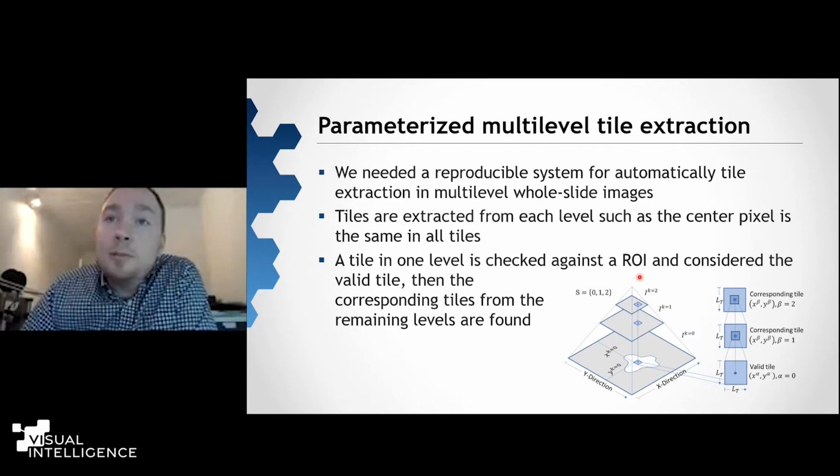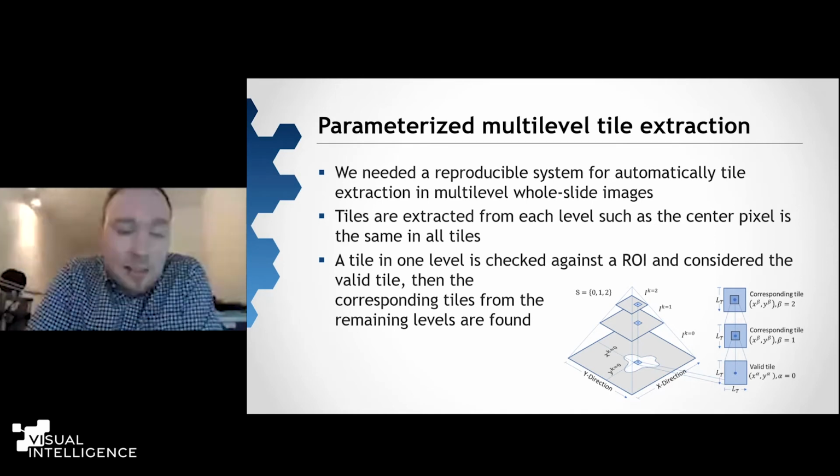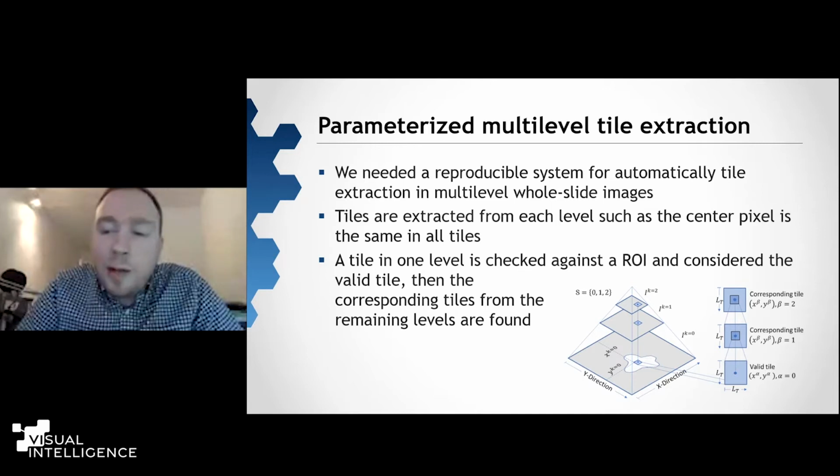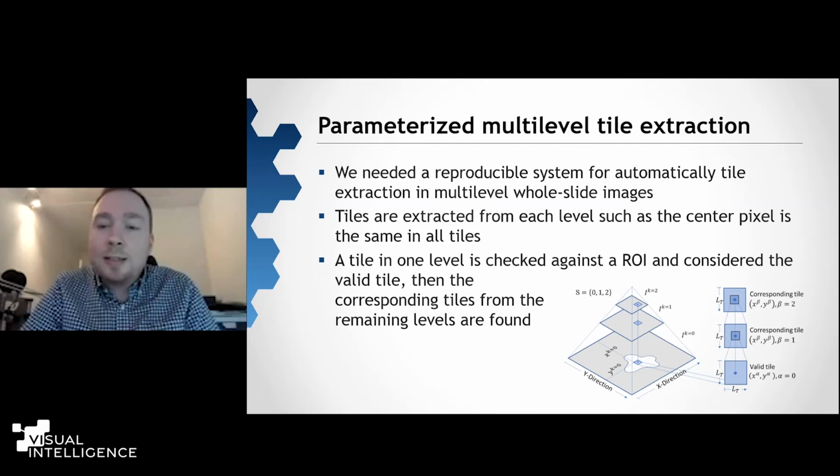We can see the center is the same through these tiles. A tile on one level is checked against a region of interest, and if it satisfies a certain criterion, it will be considered a valid tile. Then the corresponding tiles are found from the remaining levels. Let's start by looking at how we are finding the valid tiles.